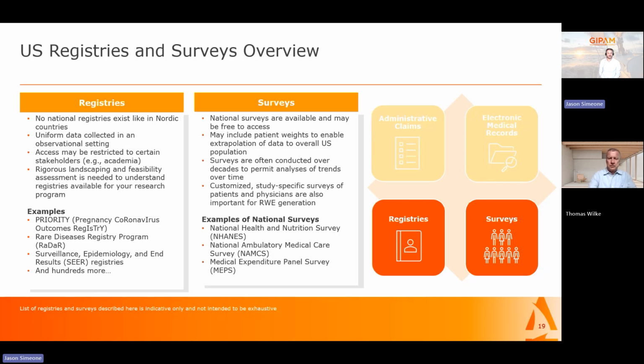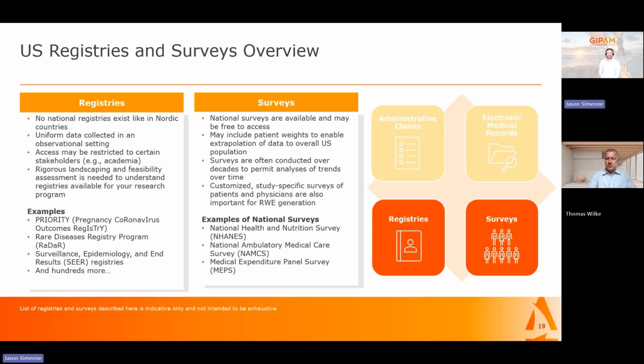On the right, I wanted to highlight some surveys. Of course, you can conduct study-specific surveys, but I wanted to highlight the fact that there are a number of national surveys that are available here in the United States. They're often free to access unless you're trying to access restricted data.